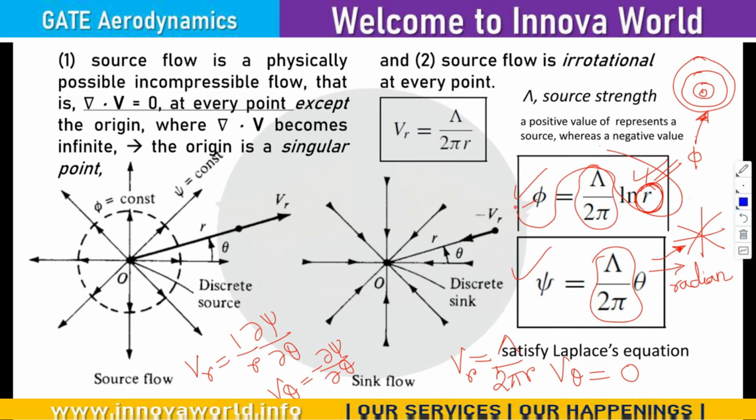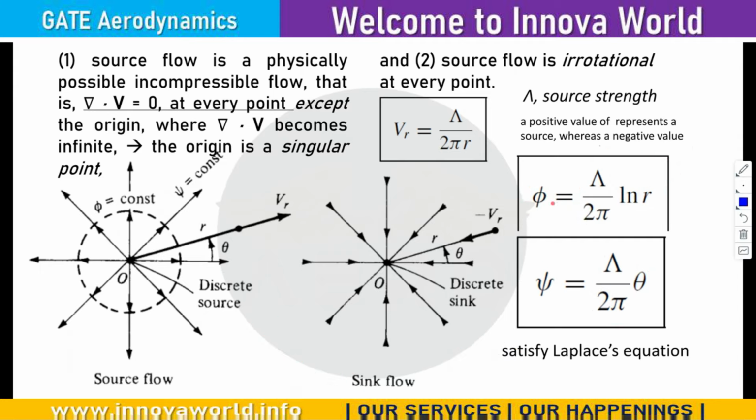See the function. Now what is the function? Let me remove everything. Phi equals lambda by 2 pi ln r. So that means your velocity potential is a function of r. That means this part is constant, it is not going to make any changes.